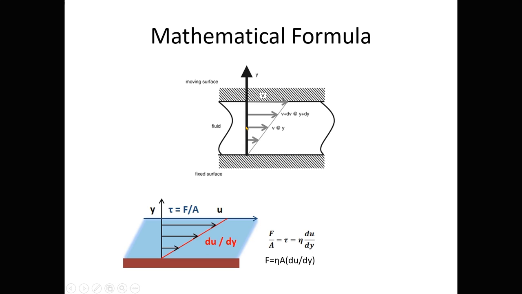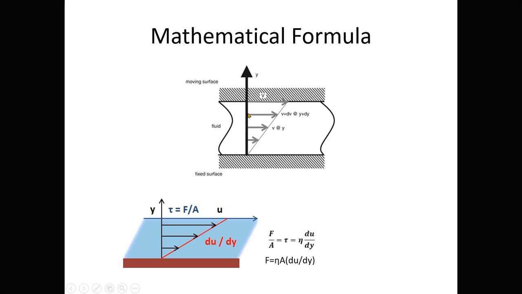This vector represents the velocity at this point and this distance represents the radius. Hence, the value of velocity at this point is different from this point. So when radius increases, velocity also changes.